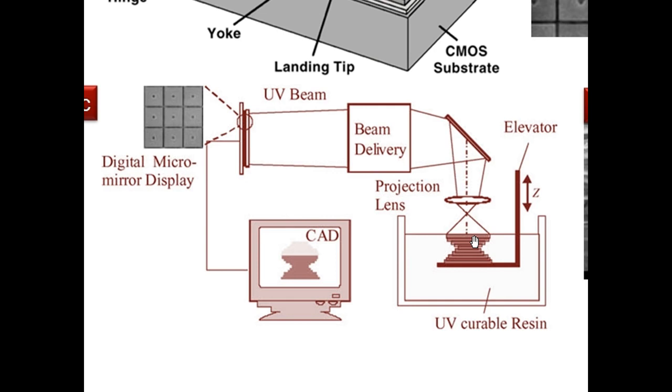When that liquid is exposed to ultraviolet light, it hardens into a solid. They have the device they're patterning attached to what it says is an elevator here. You expose one thin layer, then you move the device down, and then you expose another thin layer. You keep on doing that, and you can get three-dimensional patterns that way.